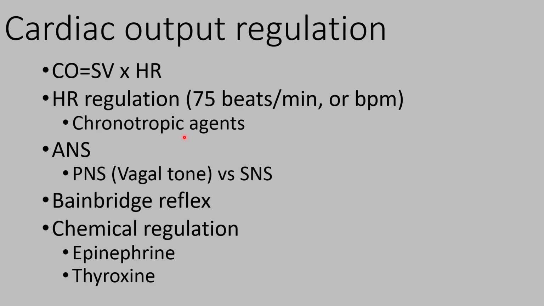The more calcium enters the heart, the faster the heart can depolarize and result in systole. So, more calcium, increased heart rate. Things that increase calcium increase heart rate, which in turn increases cardiac output.